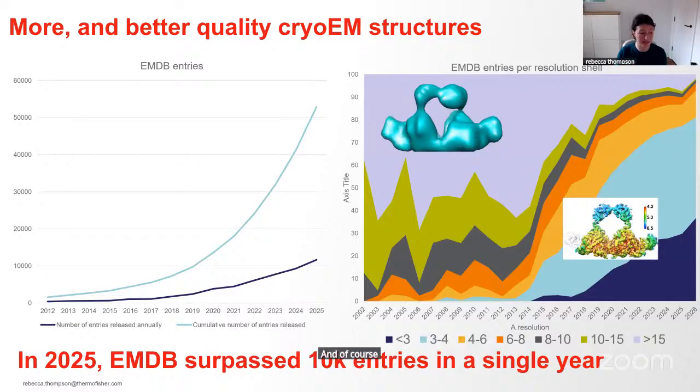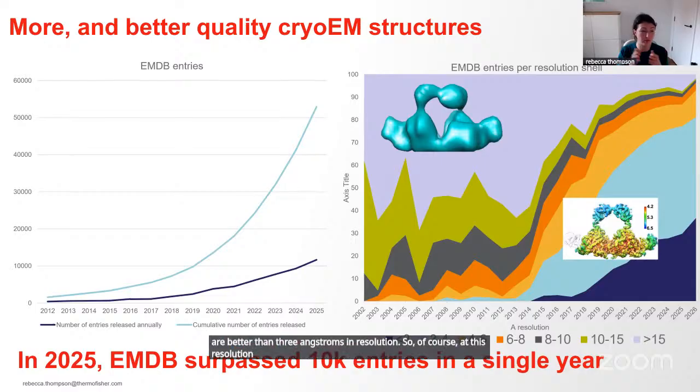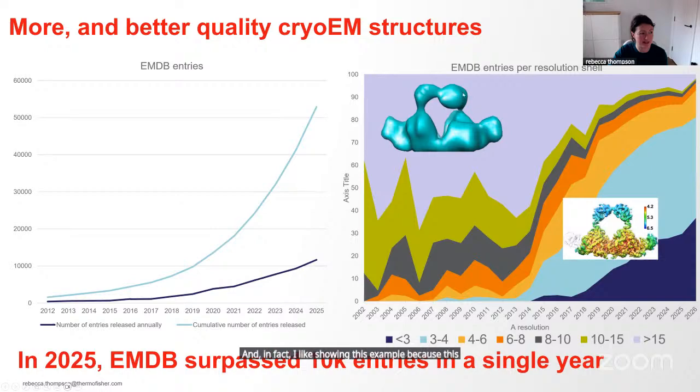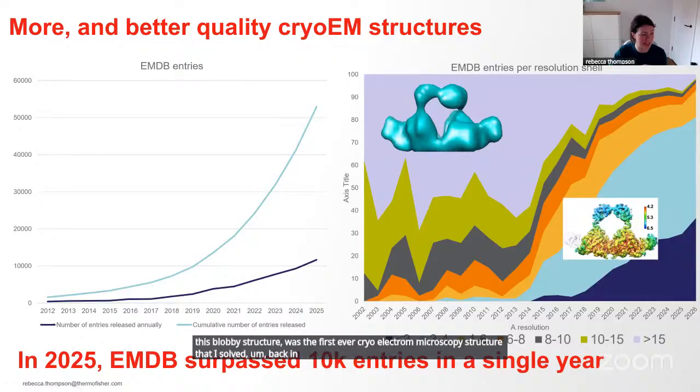And of course, fast forward to today, nearly a third of structures being solved by cryo-electron microscopy that are deposited are better than 3 angstroms in resolution. At this resolution we can be building protein structures de novo, we can be examining small molecule binding, we can be getting a whole host of structural information. I like showing this example because this blobby structure at the top left was the first ever cryo-electron microscopy structure that I solved, back in 2010-ish.